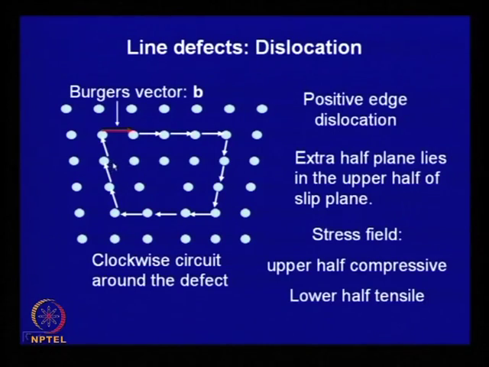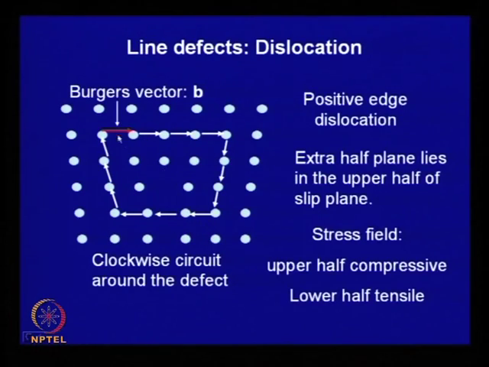So, if you try to move this dislocation, if you do a positive work, the displacement is like this. On the bottom side it is opposite to the Burgers vector. The Burgers vector is a displacement vector, so here the work done is negative.